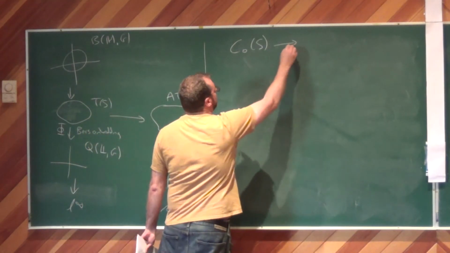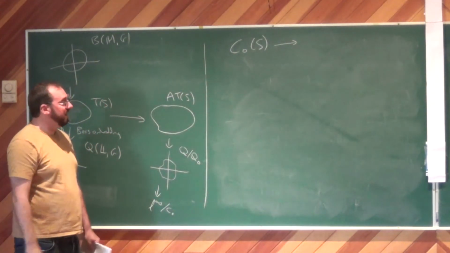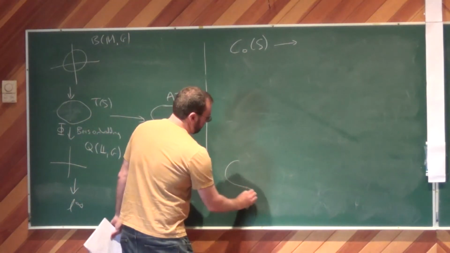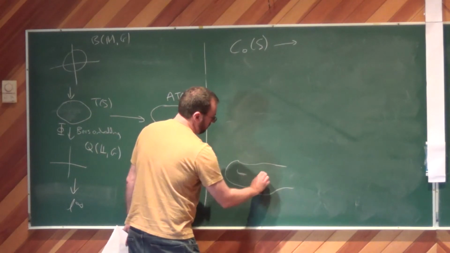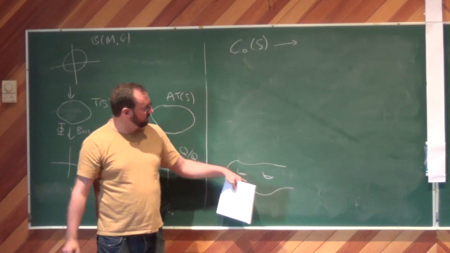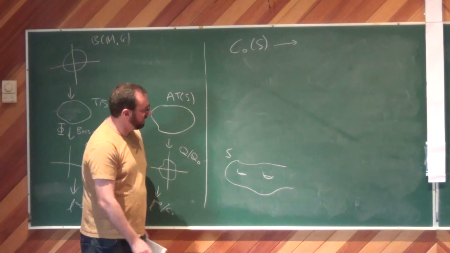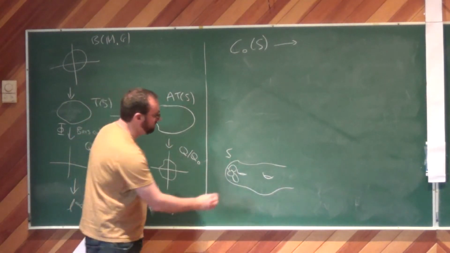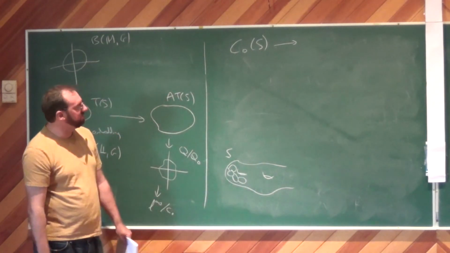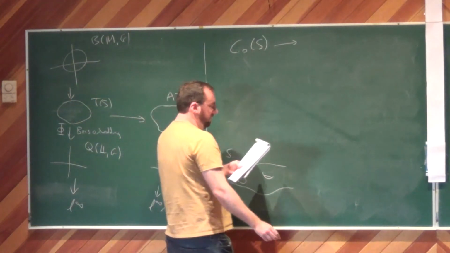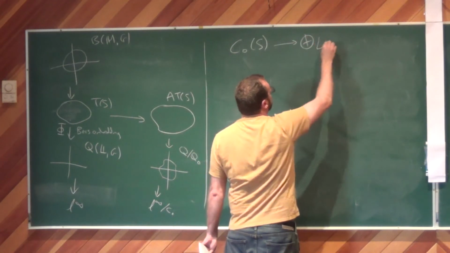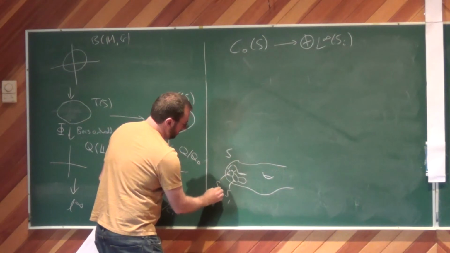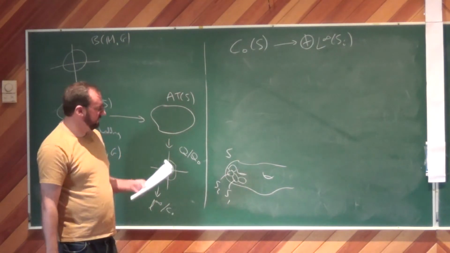You start with continuous functions which vanish on the boundary of S, and you want to break up your surface S into lots of little, relatively compact, let's say simply connected regions. You want to make sure there are countably many of them. So we break this up into lots of little regions that look a little bit like that.